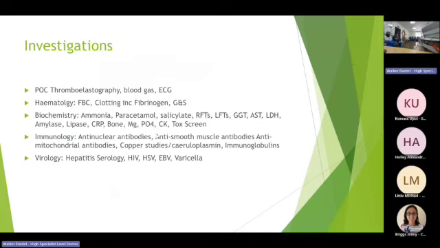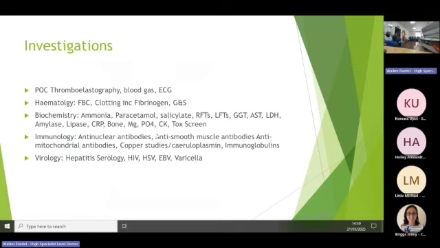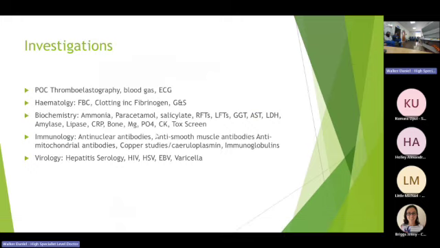Virology, even if you're not suspecting a cause, it would be important to have a HIV status and look for these viruses if the patient is in hepatic failure, as these will need to be done before considering transplant.